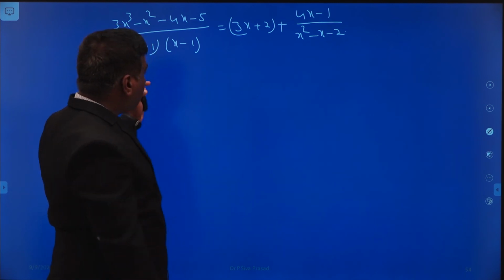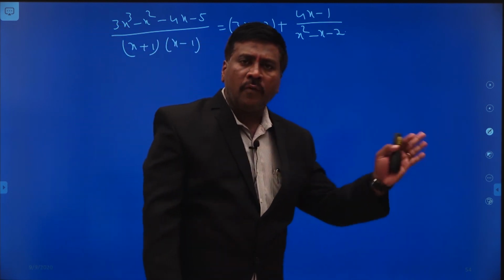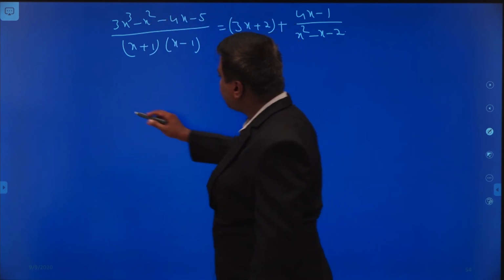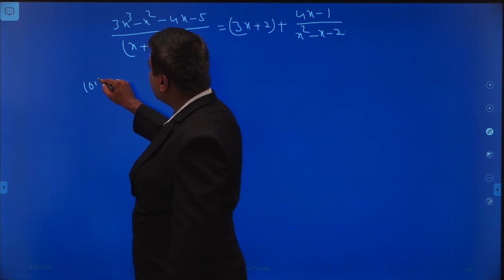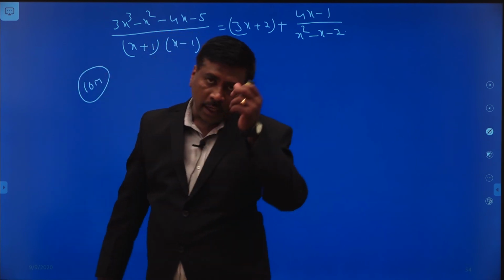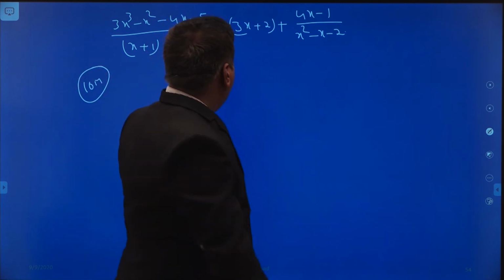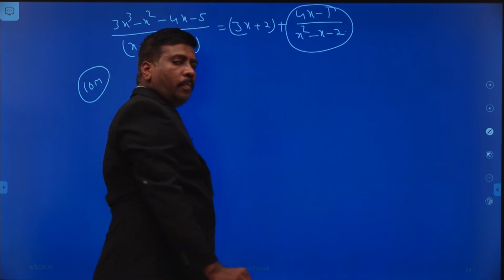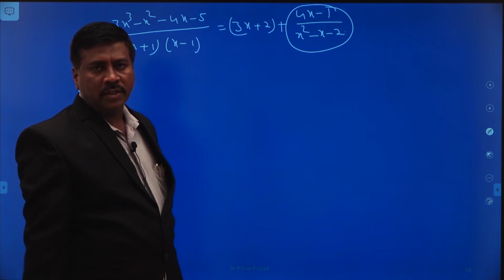So this is the problem of conversion of the improper fraction to the proper fraction. Definitely you have to expect this type of problem for a 10 marks essay question in this topic. 10 marks question. Okay. Now our intention is to resolve the proper fraction into the partial fractions only.